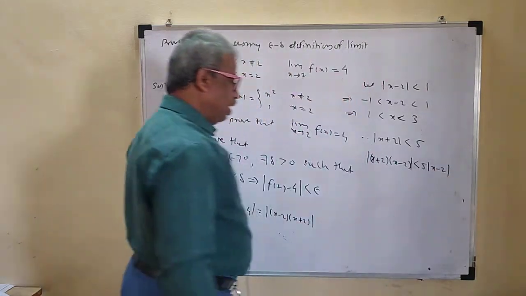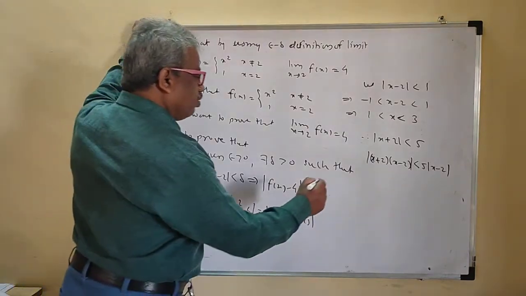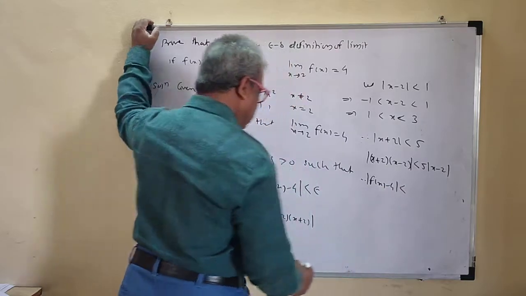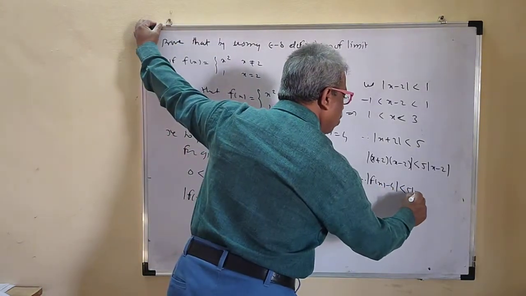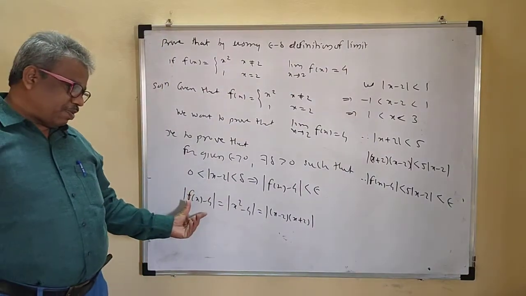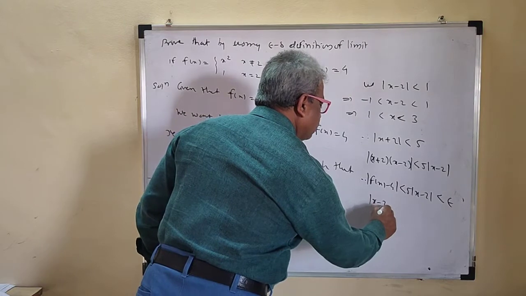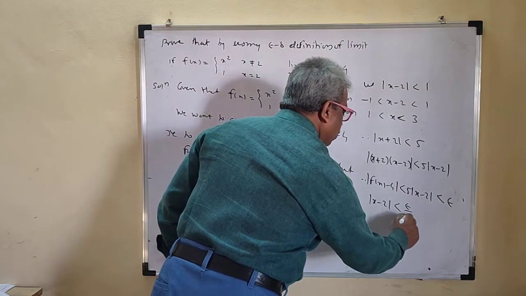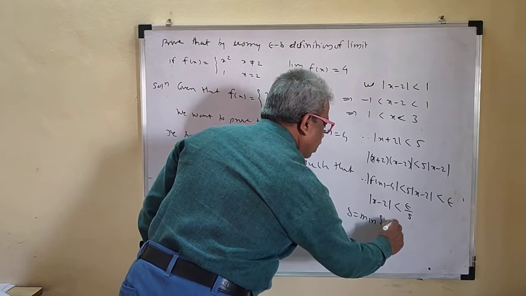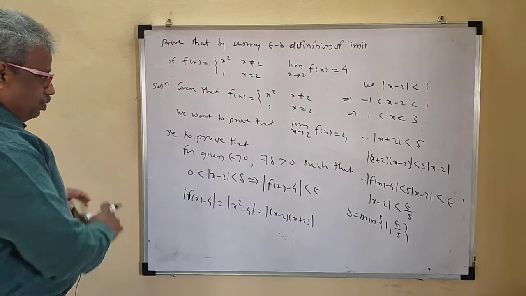Therefore mod of f of x minus 4 is less than 5 mod of x minus 2, and this is less than epsilon. So therefore mod of x minus 2 less than epsilon by 5. So take delta equal to the minimum of 1 and epsilon by 5.